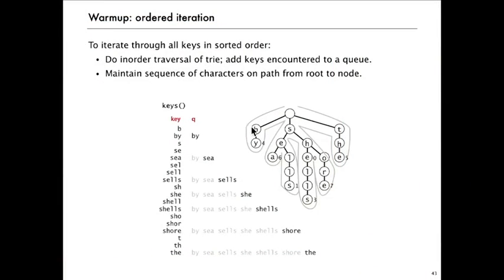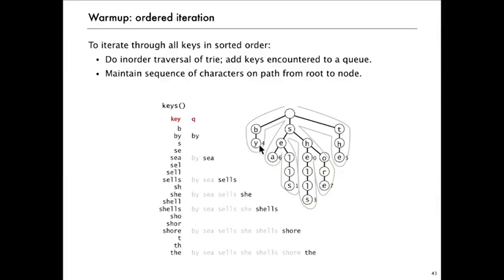In that traversal, we can maintain the sequence of characters on the path from the root to the current node just by adding a character when we go down and removing a character when we go up.